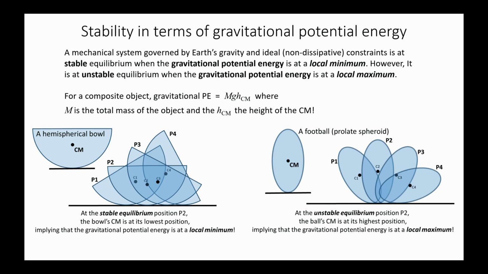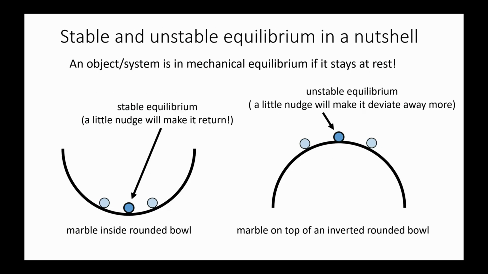What we show is that when we tilt that hemispherical bowl in any direction, the center of mass, this point right here, tends to go up with respect to the equilibrium position. Because the center of mass is going up in terms of its vertical height, the gravitational potential energy is going up. So that means that at this equilibrium position, it's at stable equilibrium.